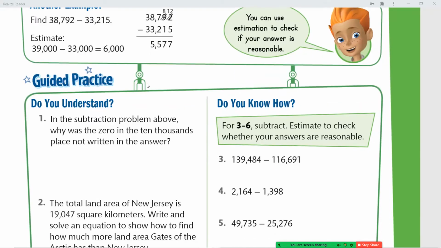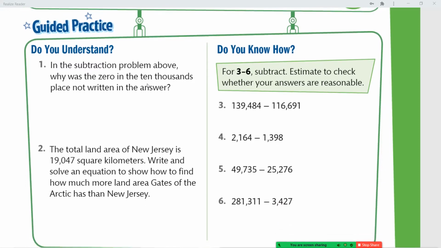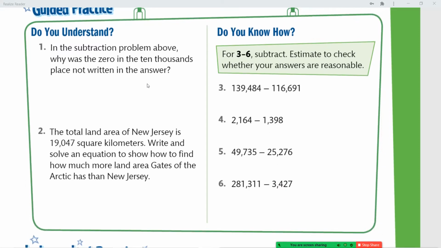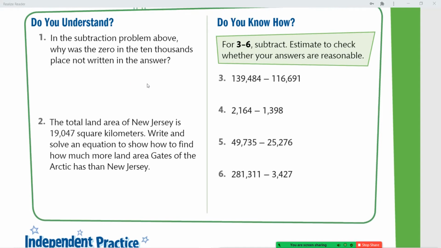For number 2, it says the total land area of New Jersey is 19,047 square kilometers. Write and solve an equation to show how to find how much more the land area of Gates of the Arctic is than New Jersey.